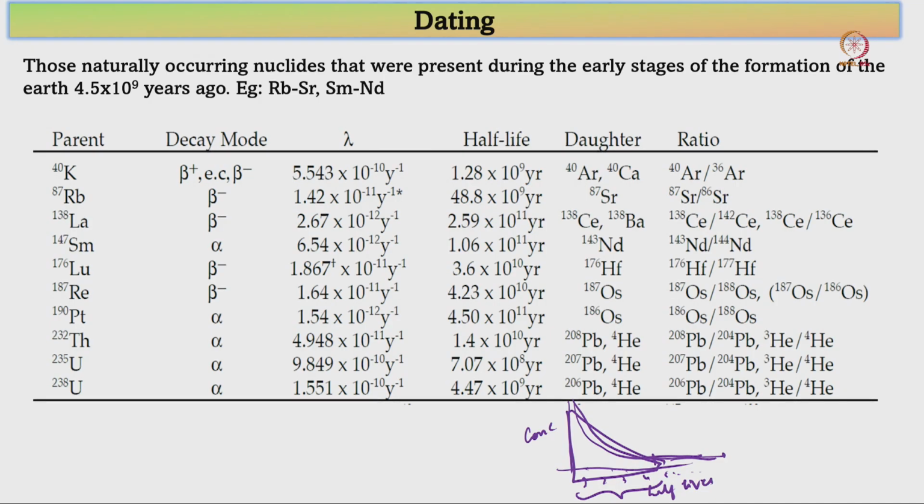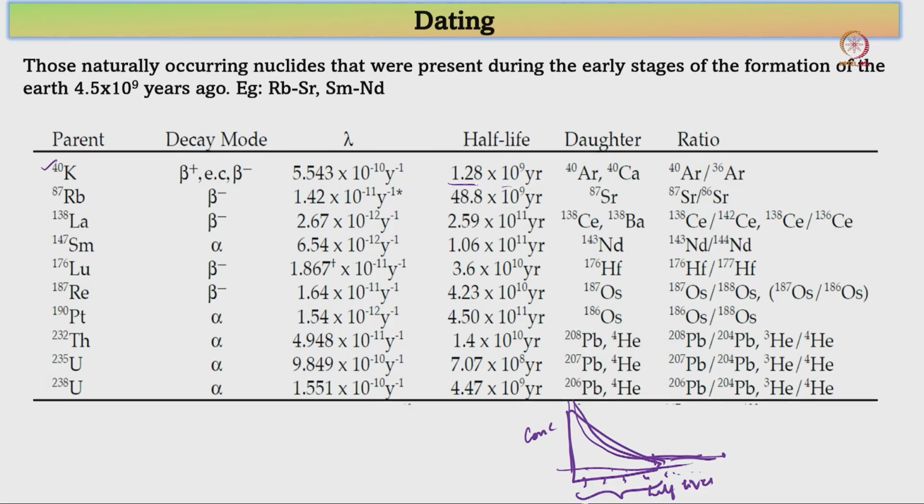So, when you are going to date rocks, when you are going to date minerals, something which is very old, then we are going to use the heavier isotopes. It can start from 40 potassium. 40 potassium has a very long half life, actually 1.28 times 10 to the power 9 years.